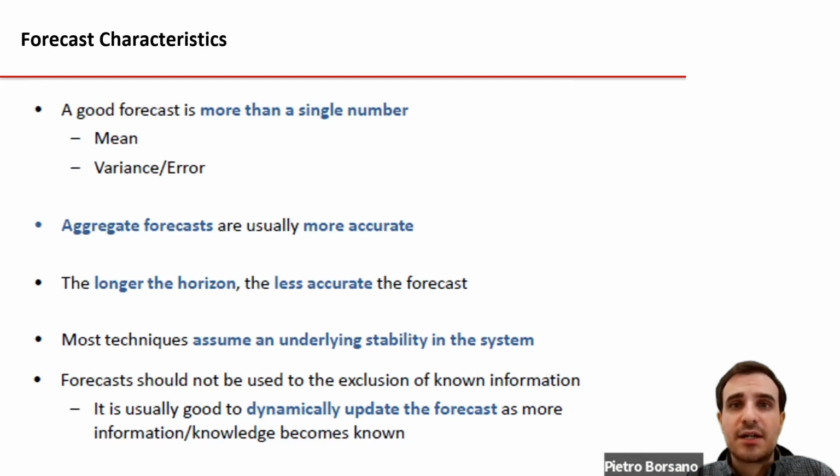A forecast is, of course, much more complicated than just a number, and that's why we generally use aggregate forecast. So we combine more methodologies together so as to ensure higher accuracy for our forecast. We also differentiate different types of forecasts depending on the time horizon, and we need to be aware that in some circumstances time is of the essence, in the sense that a longer time period may heavily affect the accuracy of our forecast.